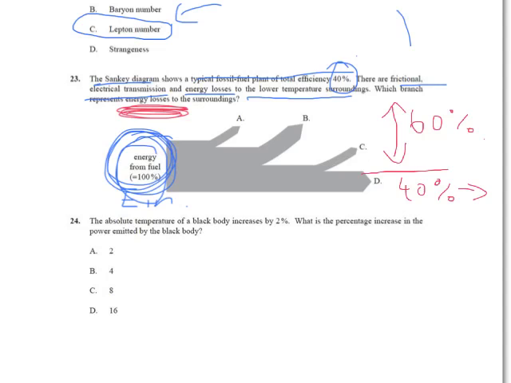The energy loss to the surroundings, we would expect it to be the largest chunk of energy loss, which would definitely be B. Electrical transmission is a smaller piece of the picture. That might be A or C. They seem about similar. Similar with frictional energy losses. They'll be minor. Considerable, but still minor. And energy loss to the surroundings would definitely be B.